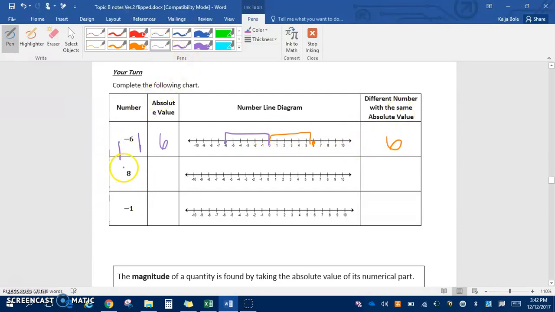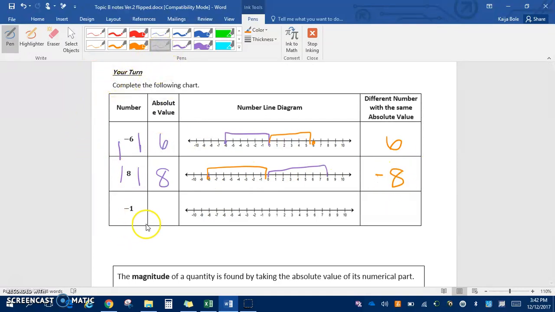If we go back and look at the absolute value of 8, positive 8 on the number line is 8 units away from 0, so we're going to put 8 over here for the absolute value. A different number with the same absolute value would be negative 8, which is 8 units away from 0 as well.